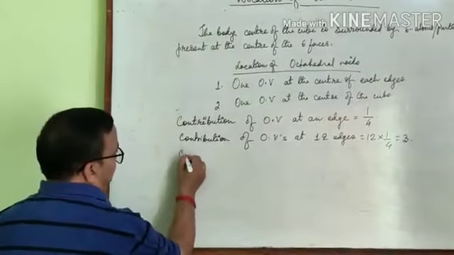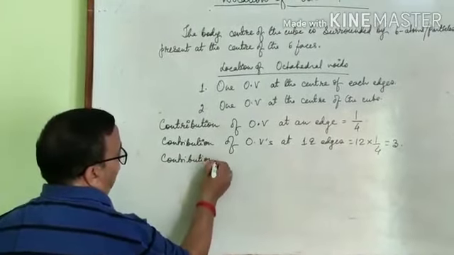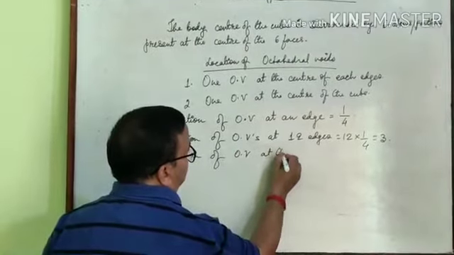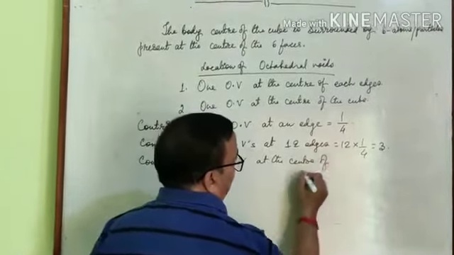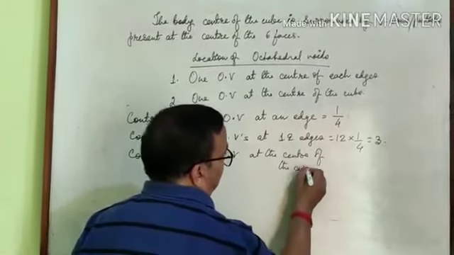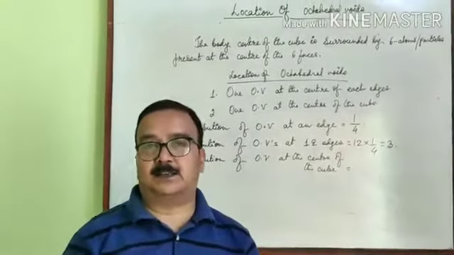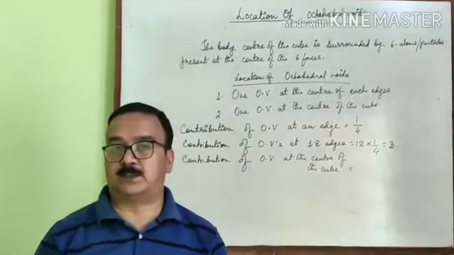Similarly, the contribution of the octahedral void at the center of the cube. The void at the center of the cube is not shared by any other unit cells.